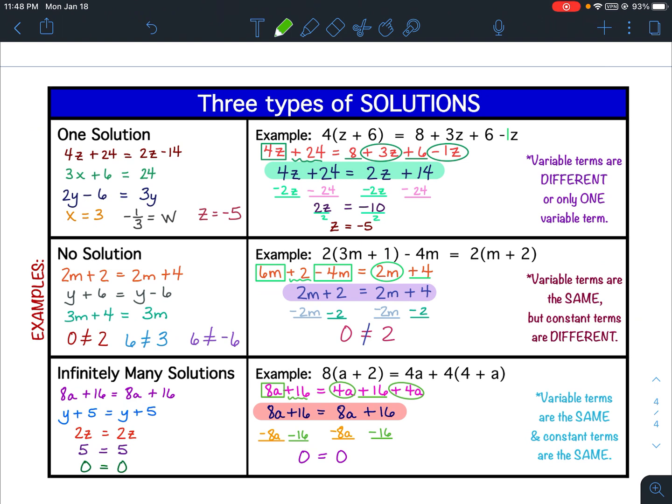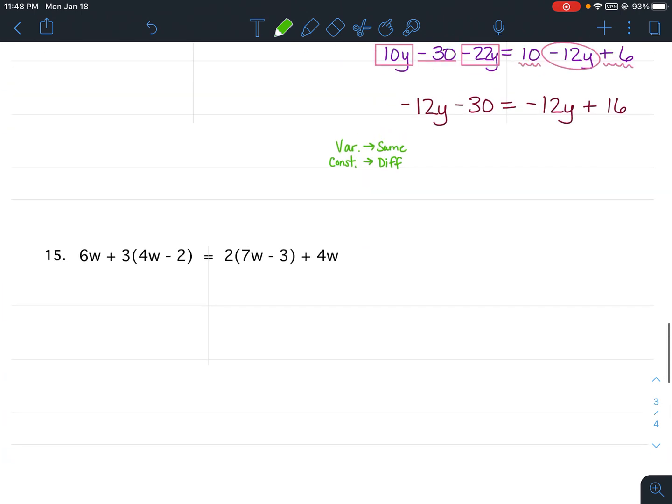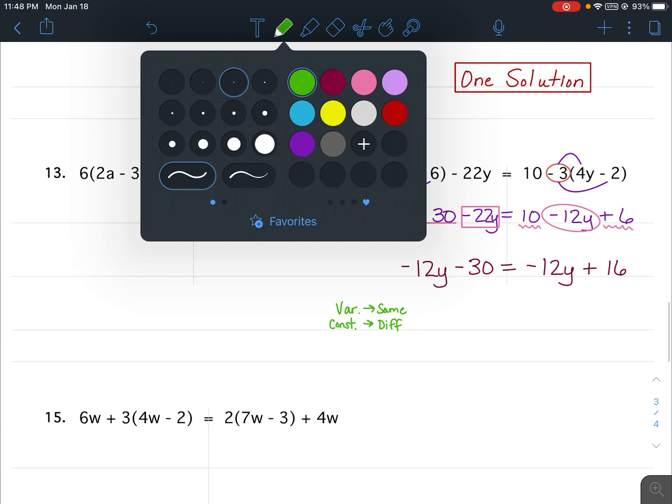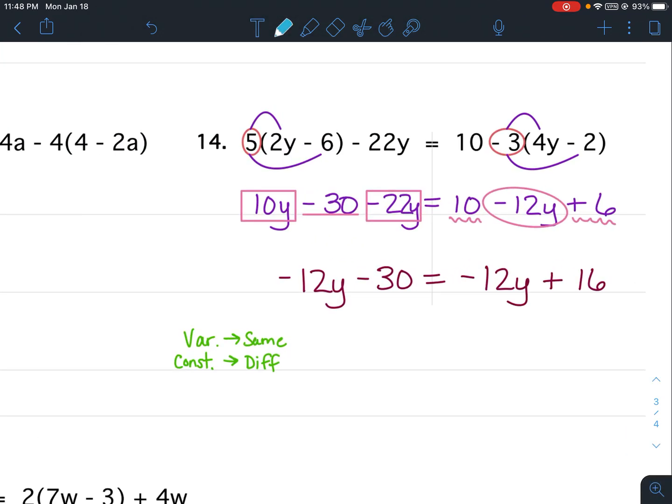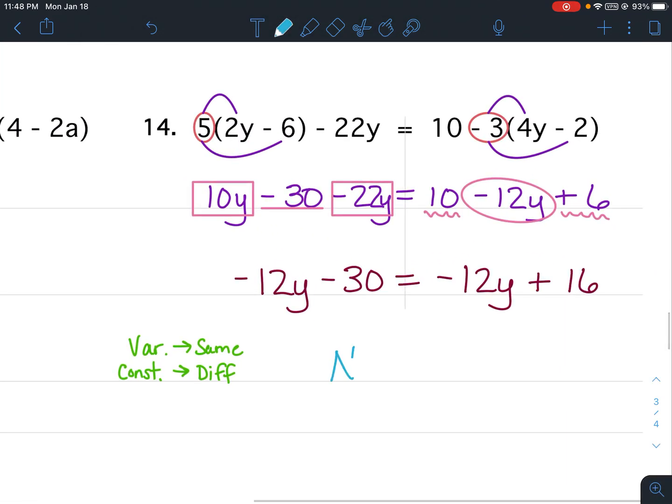Here my variable terms are different, so it's not that one. Here the variable terms are the same, and the constant terms are different, so my answer is a no solution problem. So for number 14, my answer is no solution.